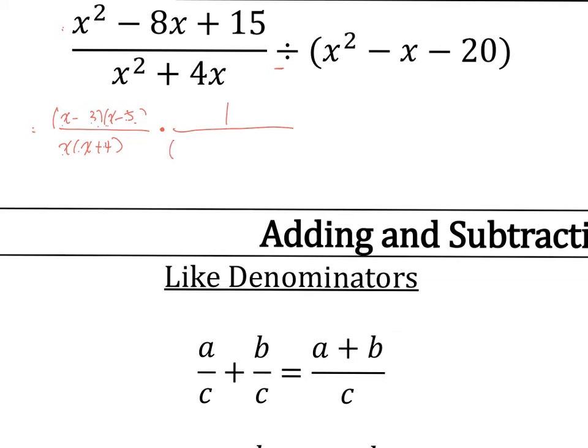And I'm going to also factor at the same time. Okay, now, common factors, x minus 5, and that seems to be it. So I'm going to have to put everything together. Okay, x minus 3 over x times x plus 4 squared.